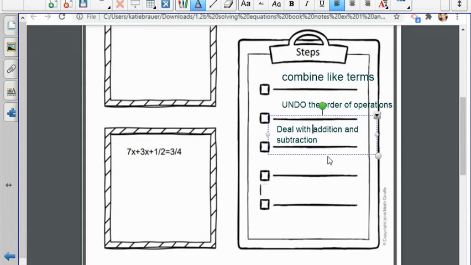Deal with addition and subtraction. So you want to remove those first. That way you're left with your variable at the very end. So addition and subtraction, then you'll deal with multiplication and division.